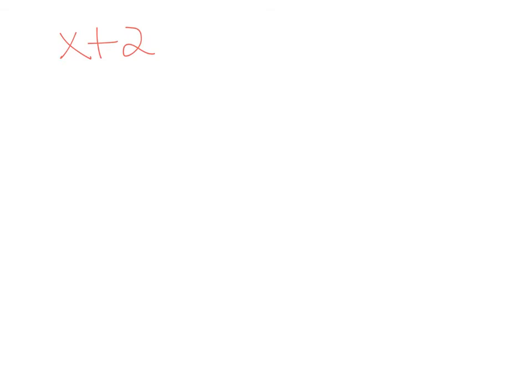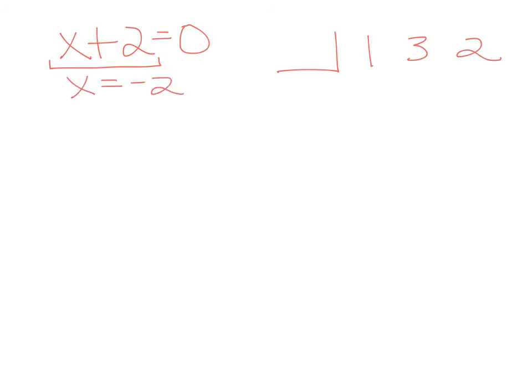So the numbers that were left over were 1, 3, and 2. And because x plus 2 is my divisor, in the divisor box I need to calculate what the 0 is for this function. And so the 0 for x plus 2 is x equals -2.